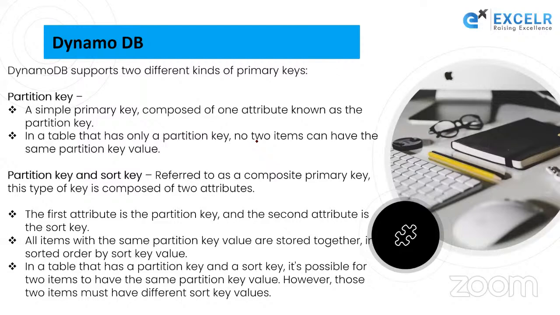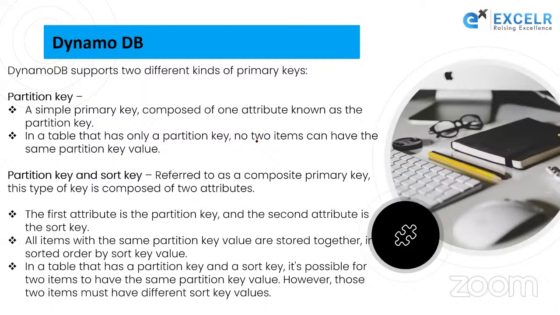A primary partition key is composed of only one attribute, which is known as the partition key. So in this table there will be only one partition key, and no two data items will have the same value of the partition key.